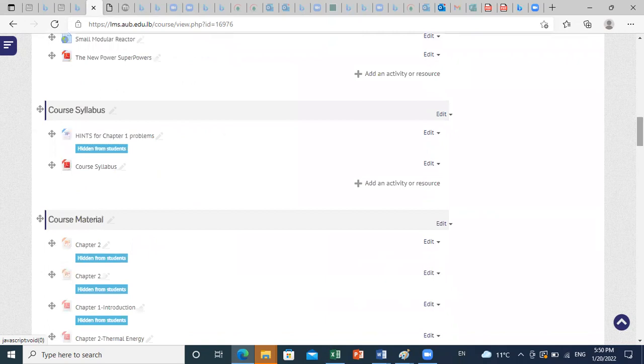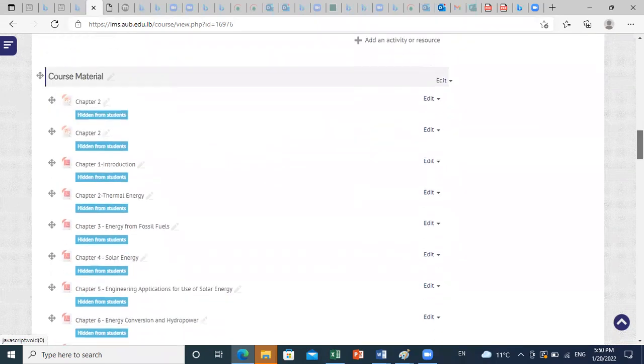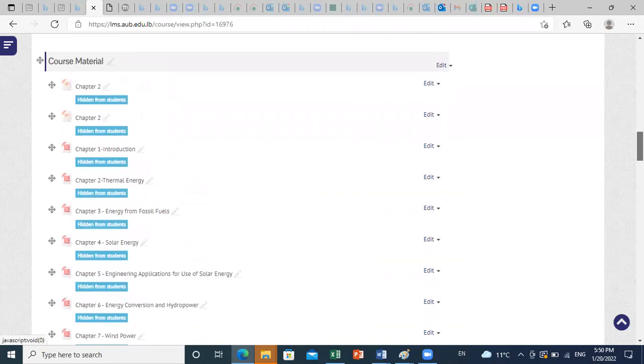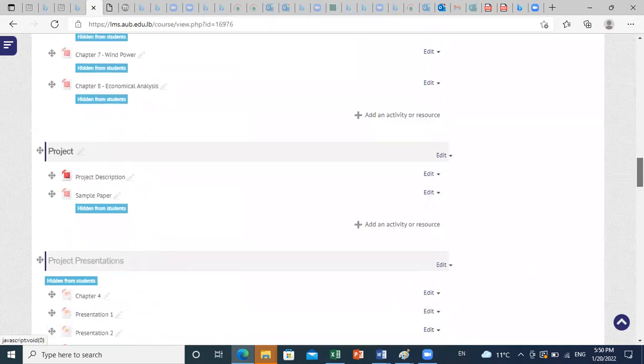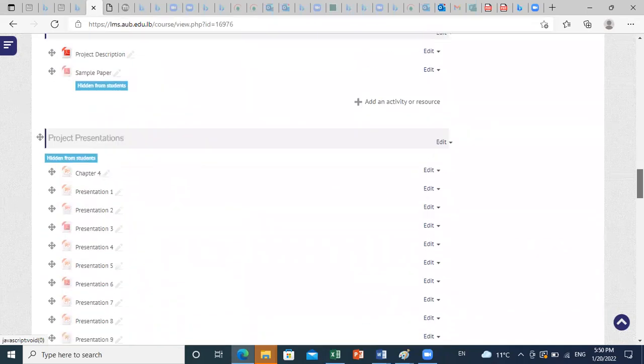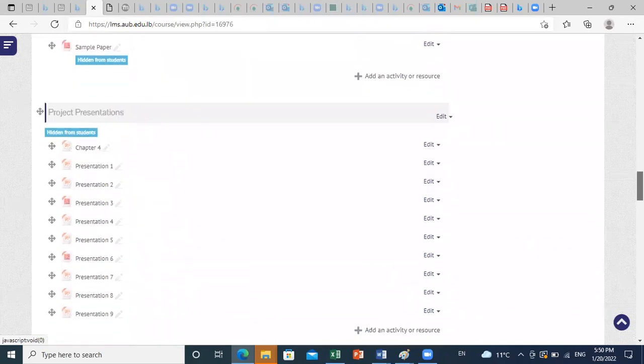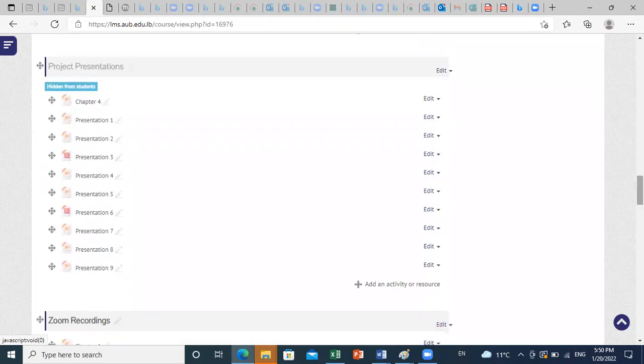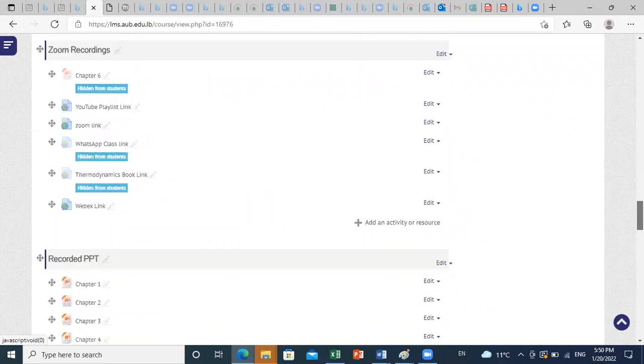Now, what are the other sections on Moodle? First, of course, you have the course syllabus that we went over today. You have also the course material. For each chapter you have a PowerPoint with voiceover, so you already have the explanation with the PowerPoint.